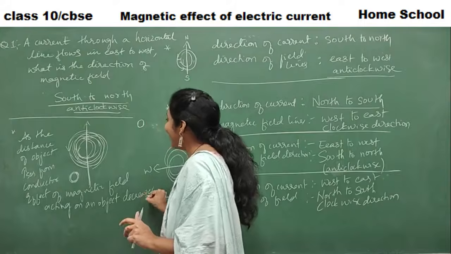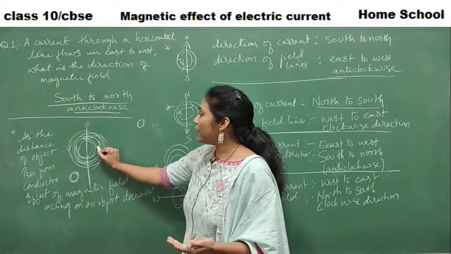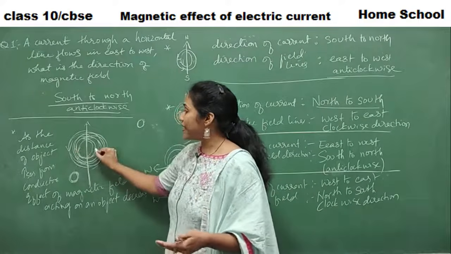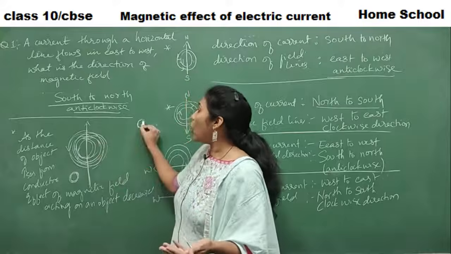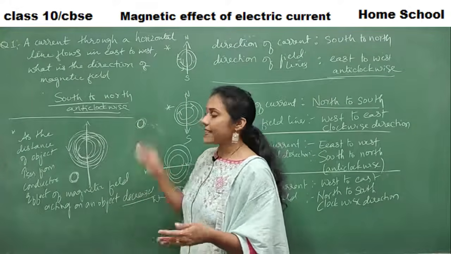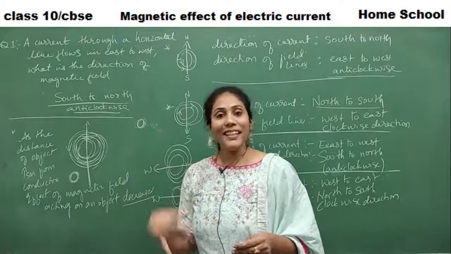Understood? If the object is kept far away from the conductor, whatever magnetic field is generated in this area, its effect on this particular object decreases because the distance is more. More the distance, the effect of magnetic field decreases.